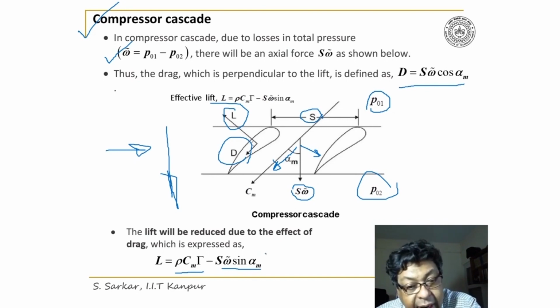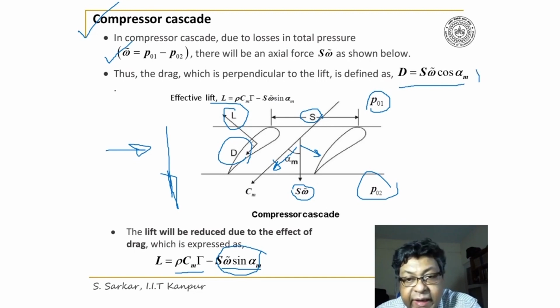Look, this S into omega tilde into sin alpha m is coming here because of viscous effect. Thus, for a compressor cascade, the actual lift will be reduced due to viscous effect or because of drag, which is expressed as L is equal to rho Cm into gamma minus S into omega tilde into sin alpha m.